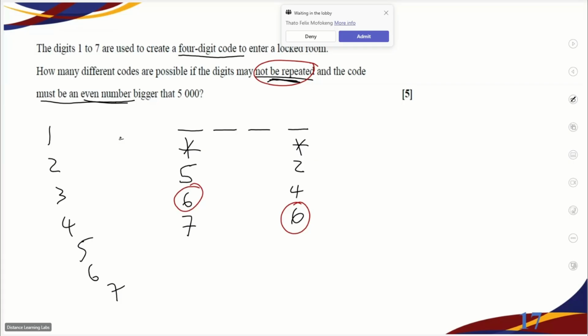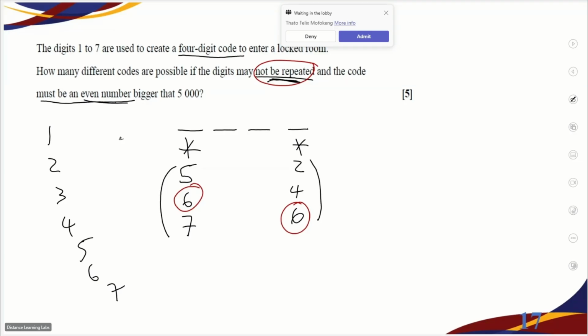We either fix the first position or we fix the last position. Usually we would fix the one that has fewer options, but in this case, the first position has 3 options and the last position also has 3 options. So whichever way you fix.